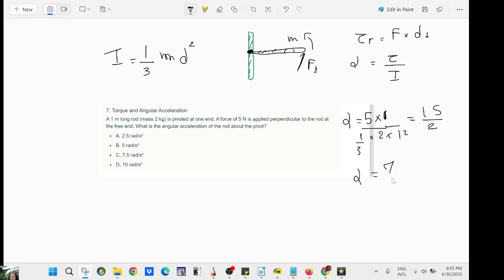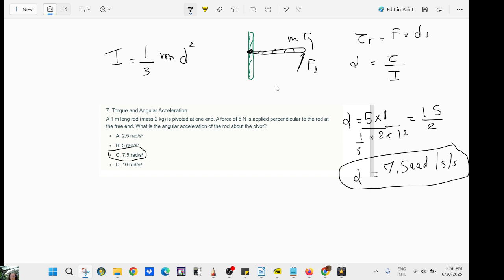So the acceleration is 7.5 meters per second. No, sorry, that's not the right unit. It's going to be rad per second per second. So the answer is C.